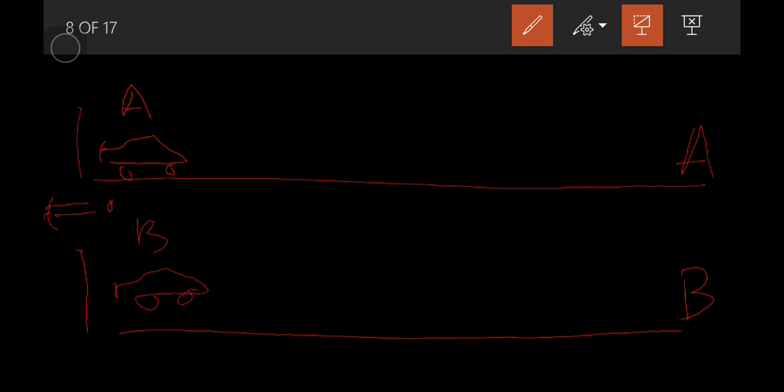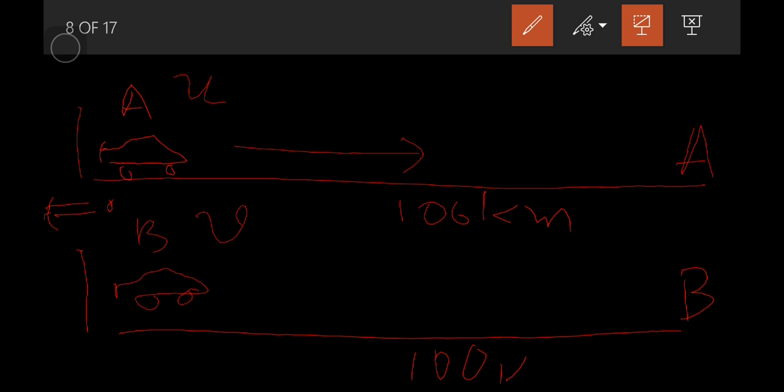Let's assume that car A has speed u and car B has speed v. So if both start at the same point and go in the same direction, we know that the distance is 100 kilometers.